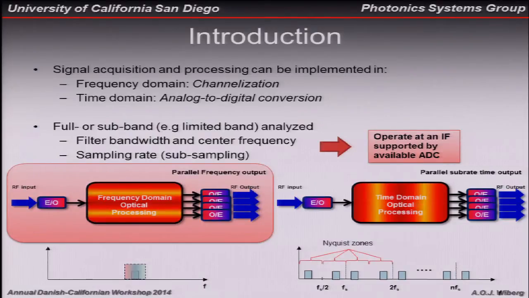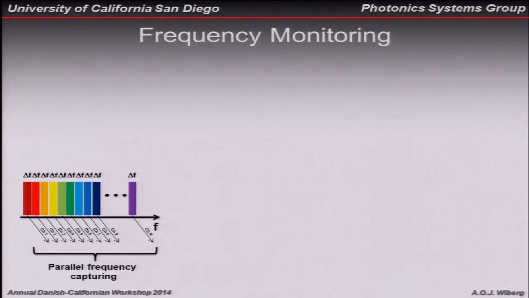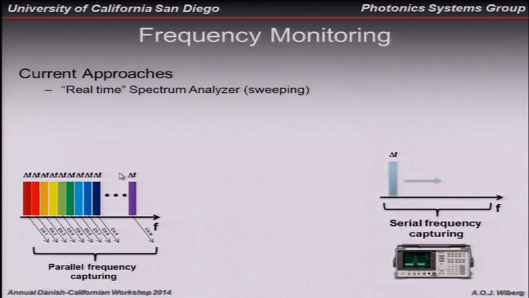So let's start by looking at processing in the frequency domain. What you want to do is monitor many frequency bands at the same time. Today, most of the systems deployed on aircraft or ships are actually scanning, which means that as you sweep the range you're looking at, you might miss signals that are out there.